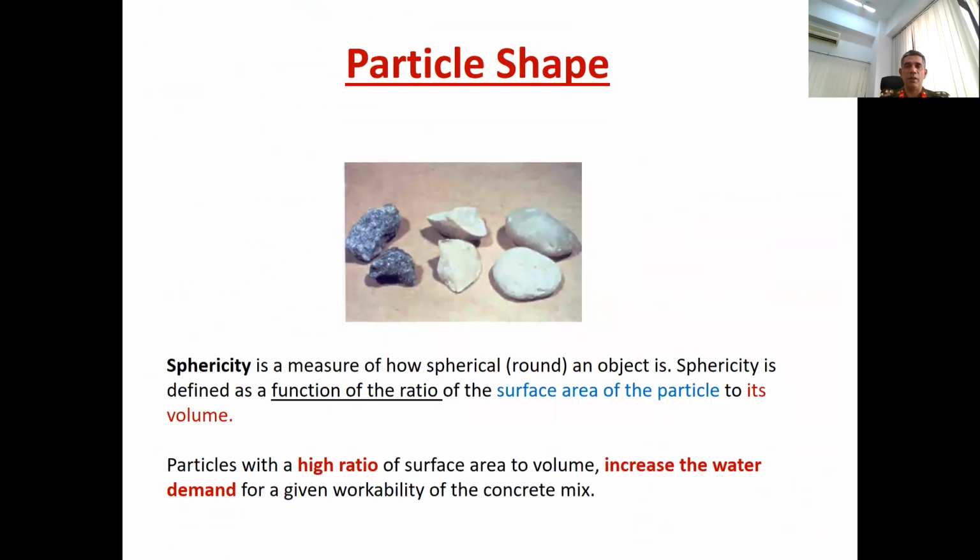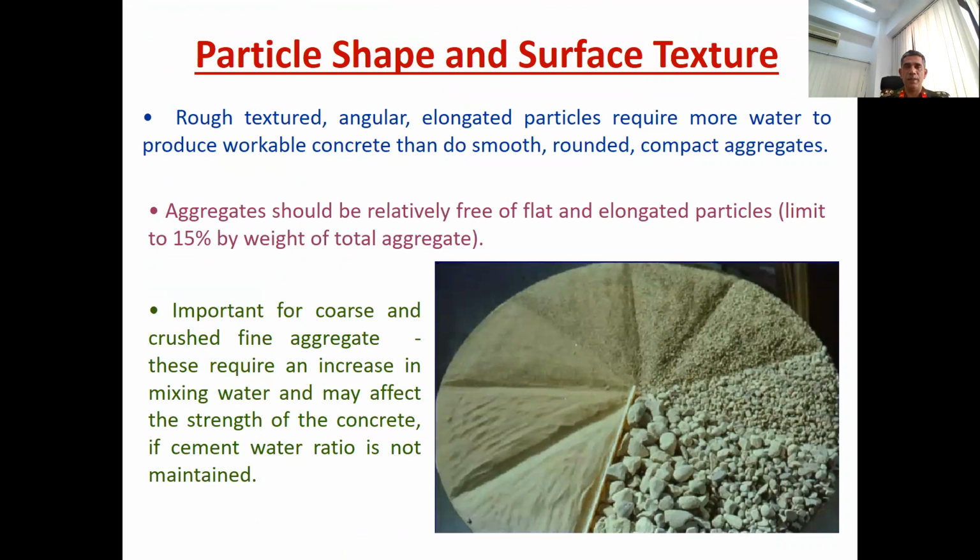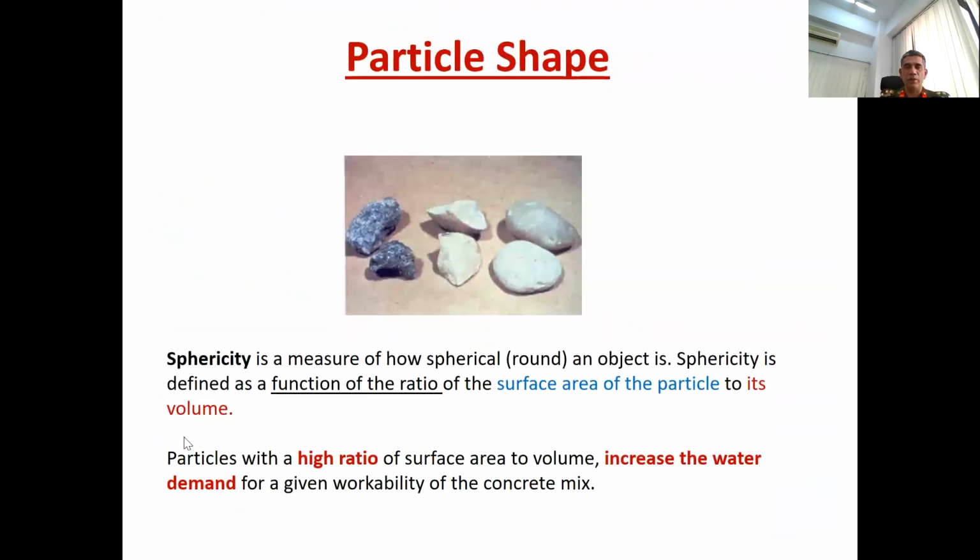We talked about particle shape and surface texture. In particle shape, there is one term called sphericity. It is a measure of how spherical or round an object is. It is defined as a ratio of the surface area of the particle to its volume.